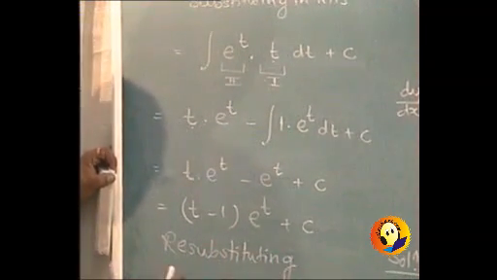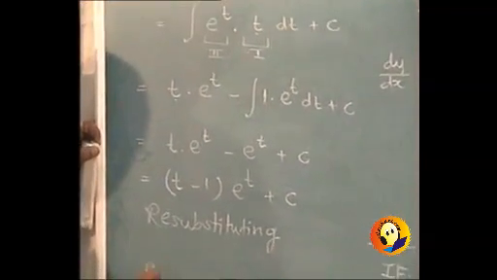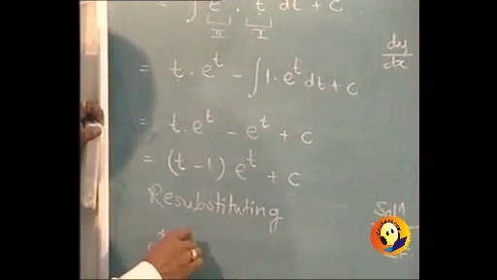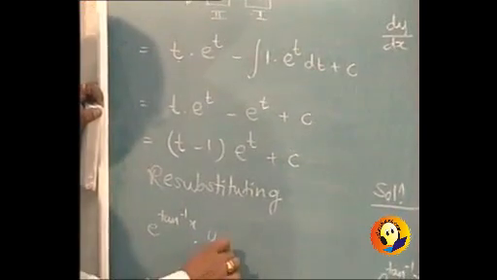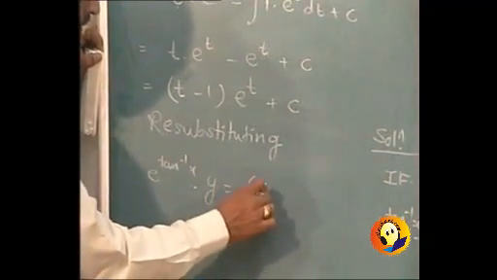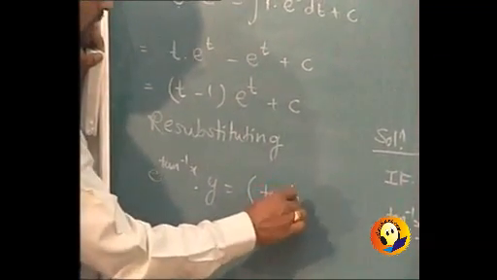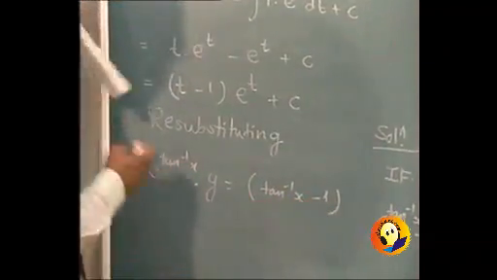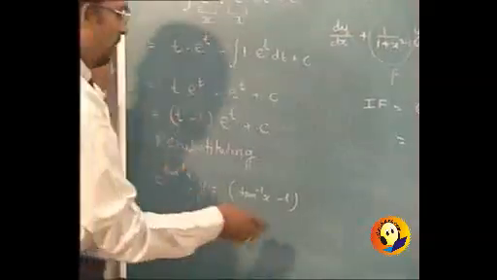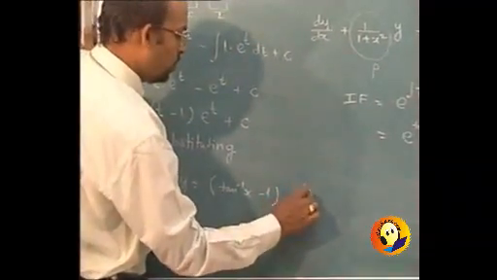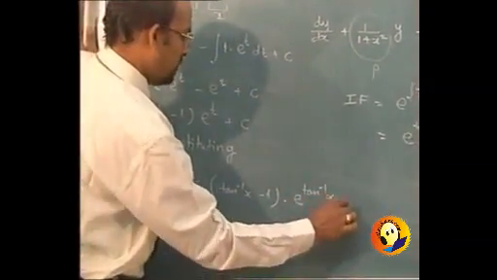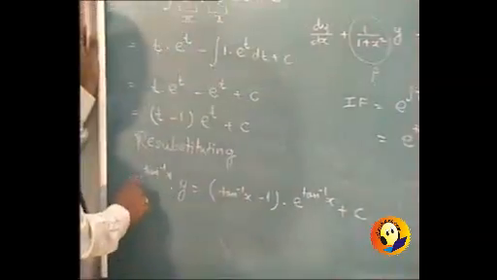we get the solution as e raised to tan inverse x into y equal to, into bracket, tan inverse x minus 1, into e raised to tan inverse x plus constant.